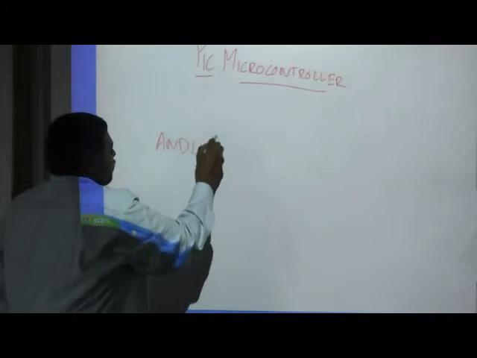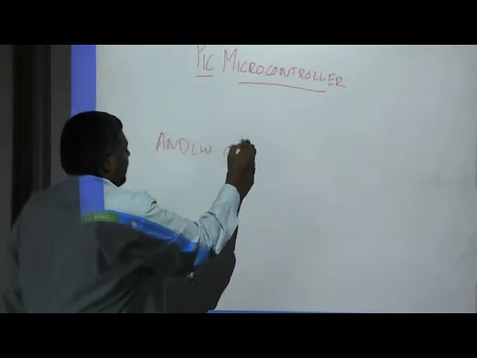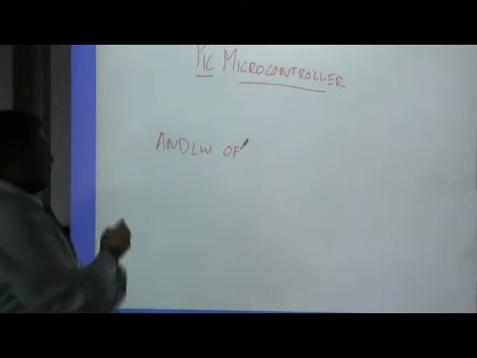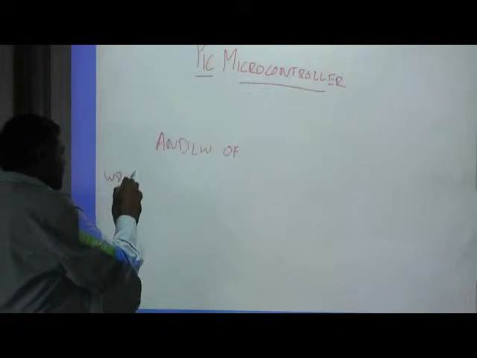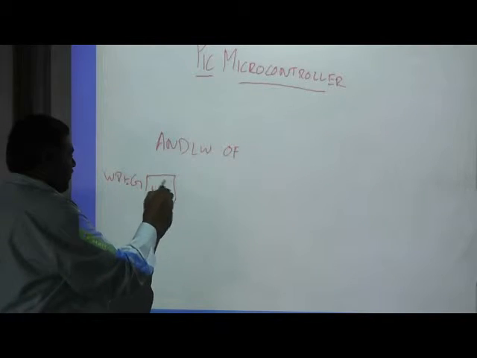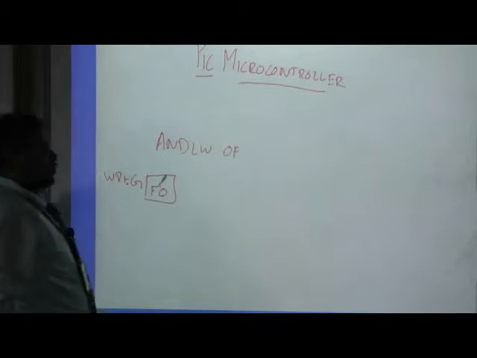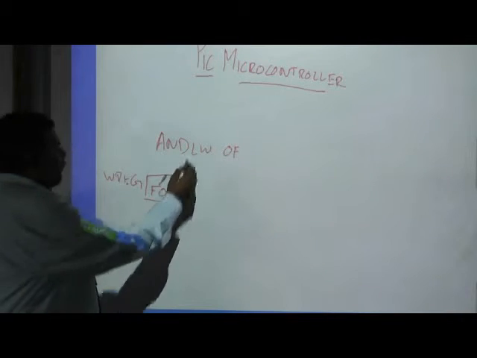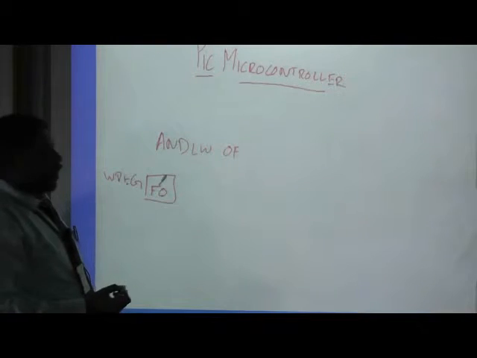ANDLW some 8-bit value 0F, let us assume, and my W register content is, let us assume, to be F0, right? If I just execute this instruction, what will happen?